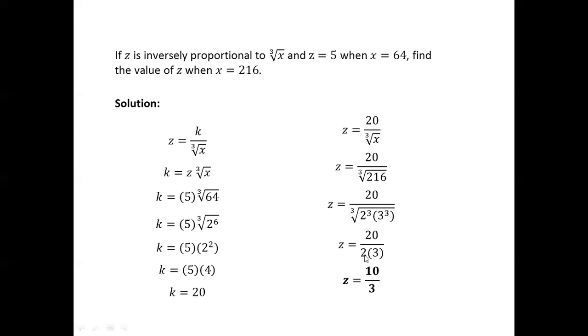So the variable cube root of x experienced an increase in its value. So for the z value, we should expect a decrease. The initial z value is 5. The second z value is around 3.3, which is smaller than the initial value. So our result is consistent with the concept of inverse proportionality.